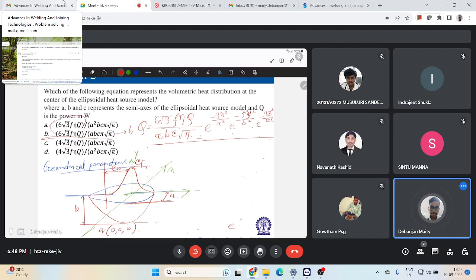Now I'm asking over here about the volumetric heat distribution at the center of the ellipsoidal heat source model. So at the center, in the sense, let's say x equal to 0, y equal to 0, z equal to 0. If you are putting x, y, z as 0 over here, what will this be?